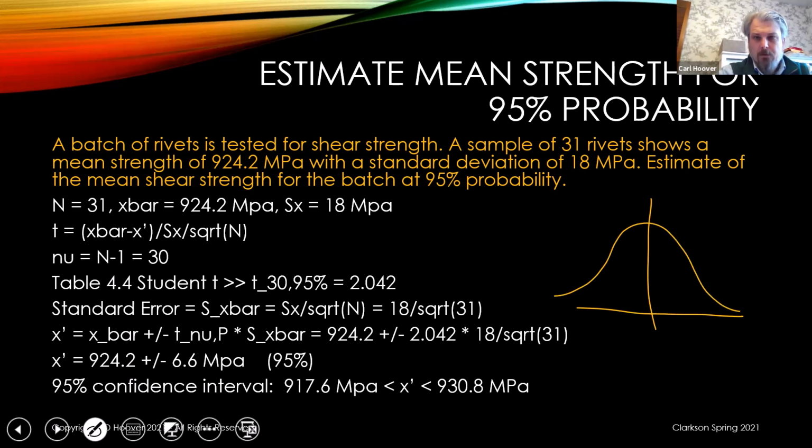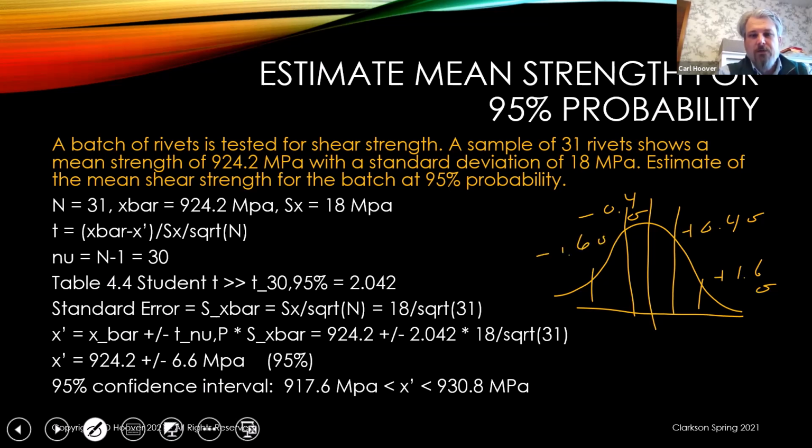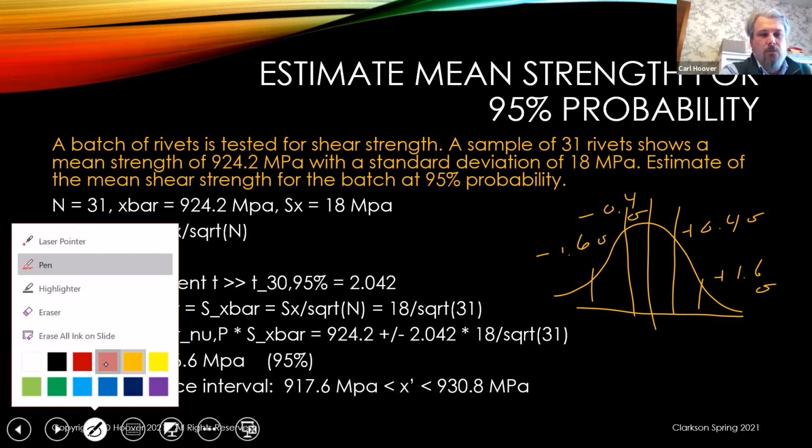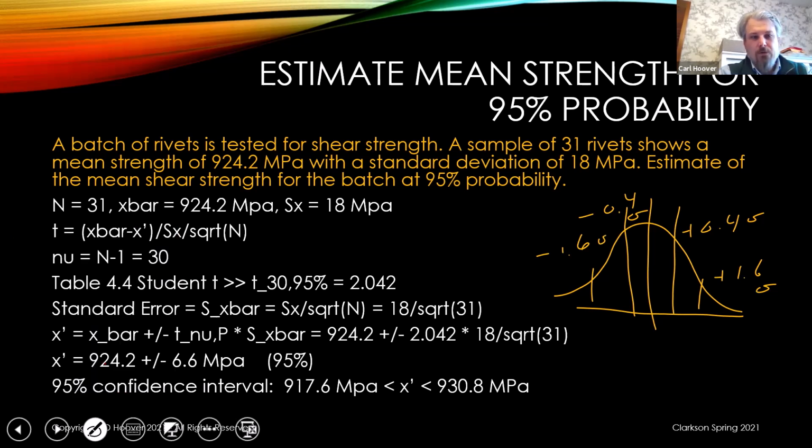So we got plus 0.4 sigma, minus 0.4 sigma, and then we have plus 1.6 standard deviations, and then minus 1.6 standard deviations. And so those that again are going to get, oops, this is on the wrong page.